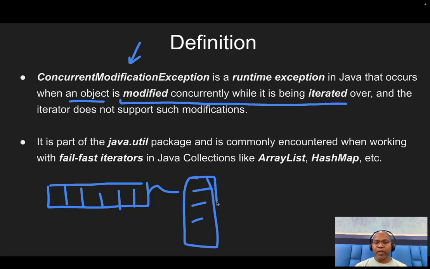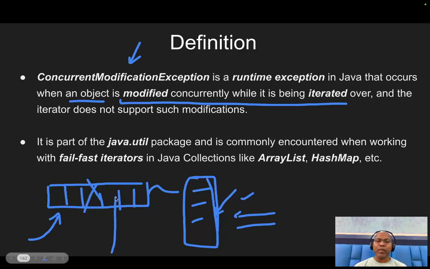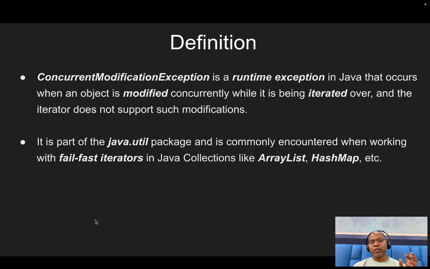While iterating, you are reading a value and some condition matches, then you want to remove this element or add an element. So while iterating, you change, add or modify the object, and in those scenarios you get the ConcurrentModificationException.